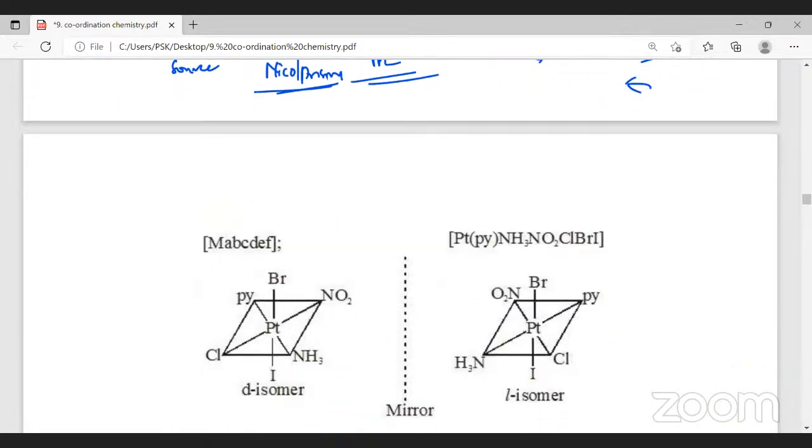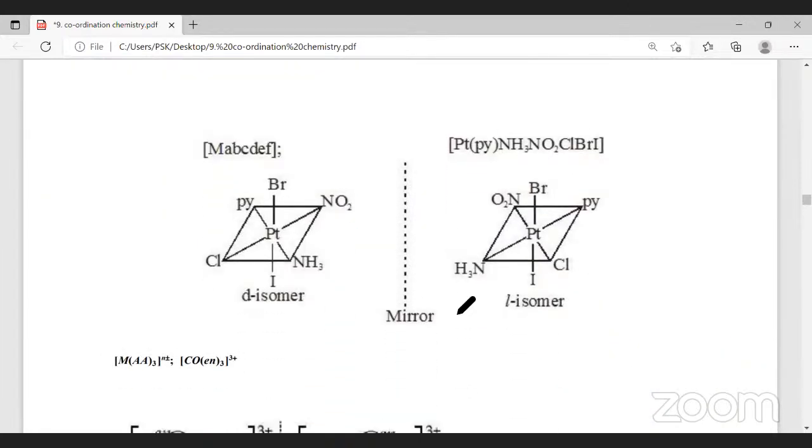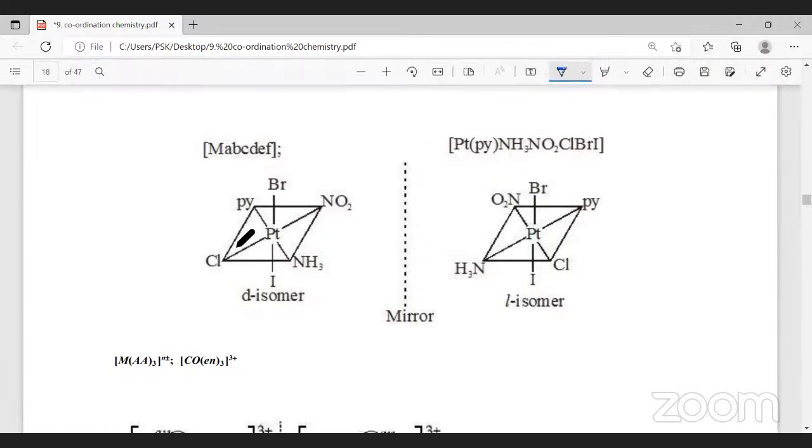Yes, sir. Now you can see there are different types of complexes. All these are octahedral complexes with metal and different types of ligands, A, B, C, D, E. We have bromine, nitro, ammonia, iodine, chlorine, pyridine. If you place a mirror here, they are mirror images. In this case, NO2 and ammonia are on the right side of the platinum.